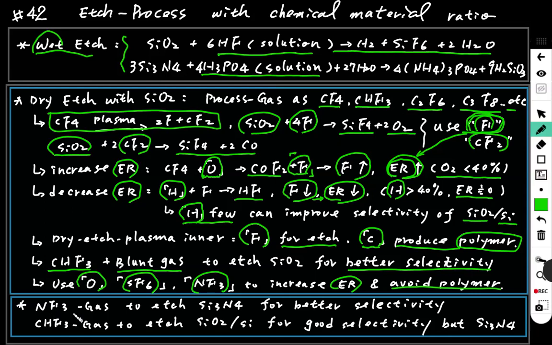The NF3 gas we use to etch silicon nitride, just for the better selectivity. Why do we use another kind of process gas? Why not use the CHF3 gas?